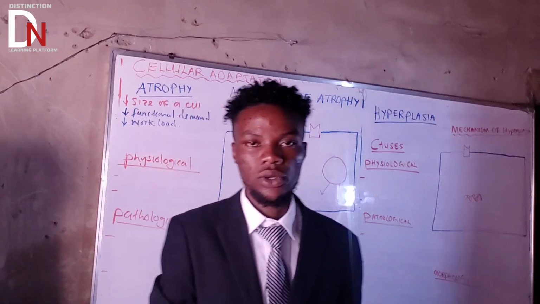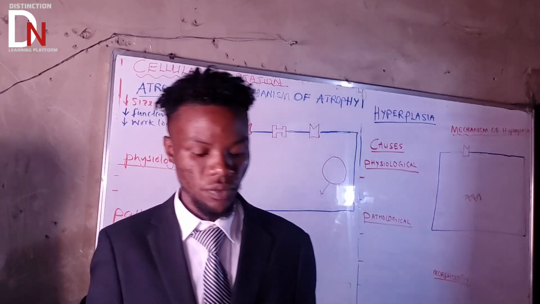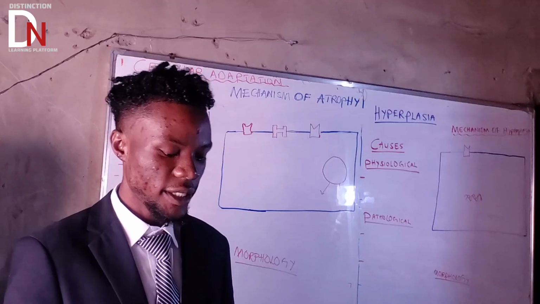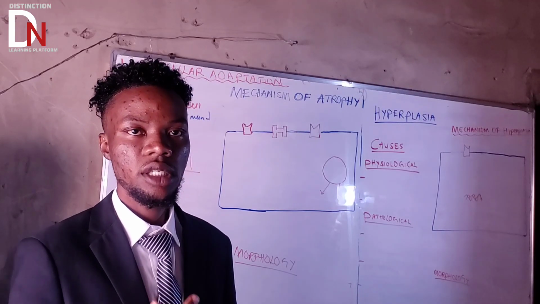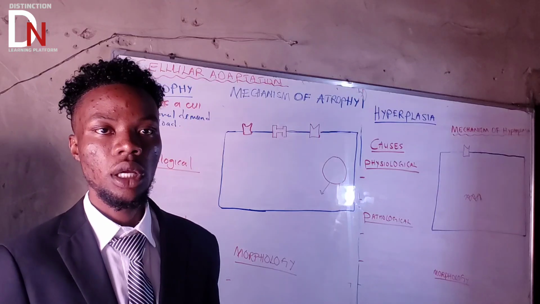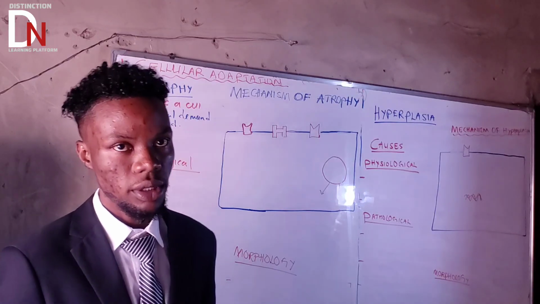That's a major reason why cells undergo atrophy. The bigger reason is that a cell is experiencing a decrease in workload as well as a decrease in functional demand.